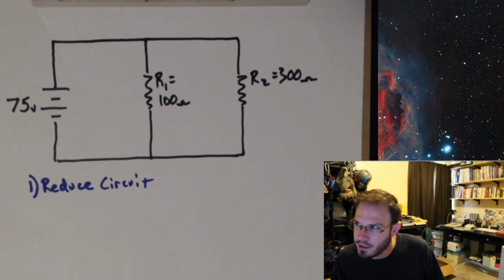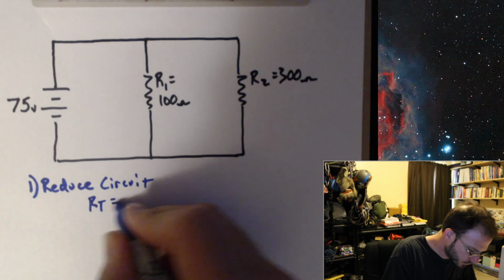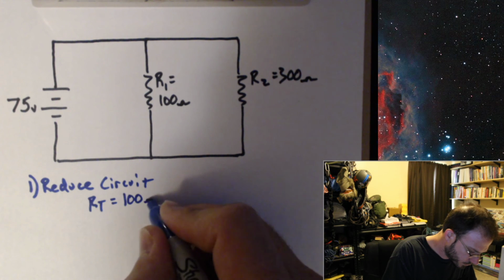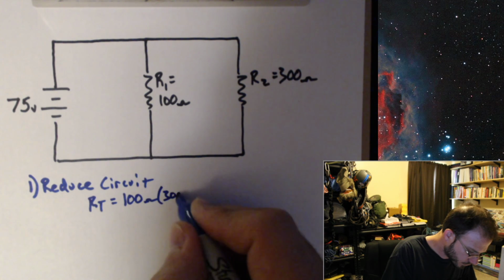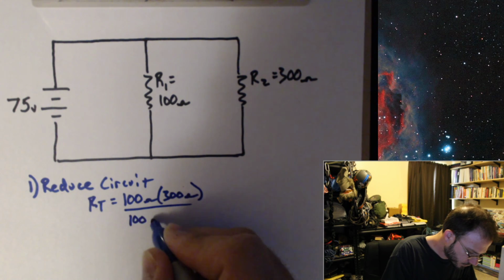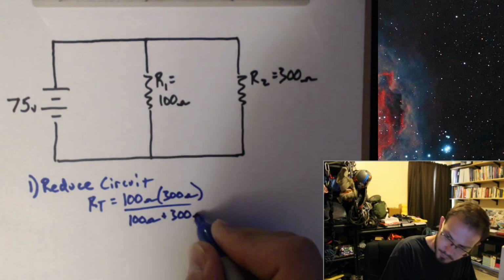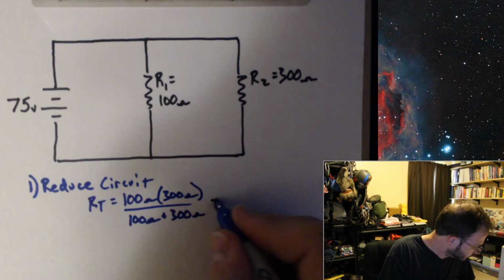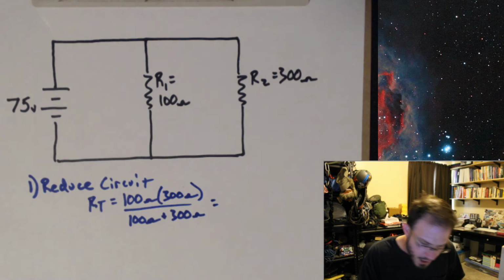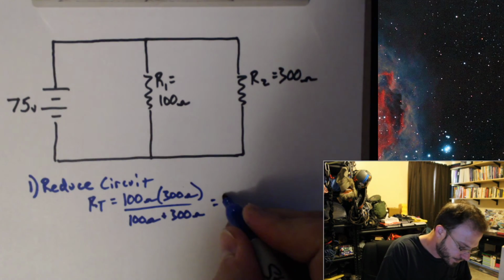It's just going to be 100 times 300 divided by 100 plus 300. Now solve that out, you're going to get 75 ohms.